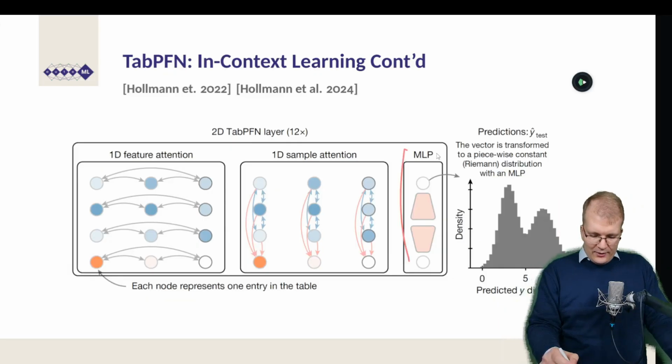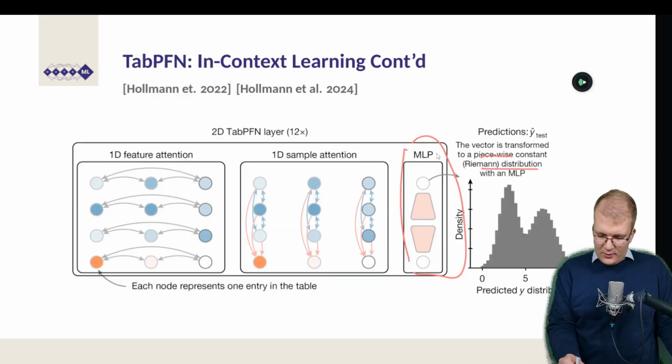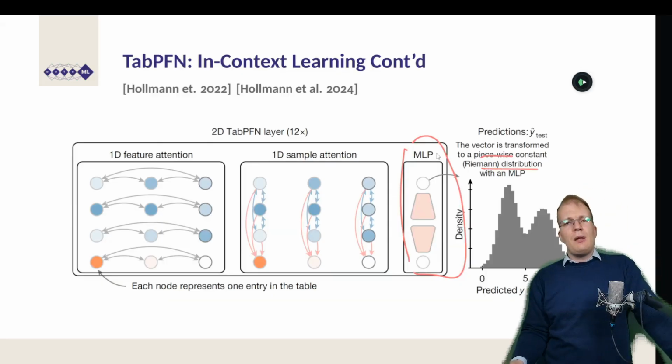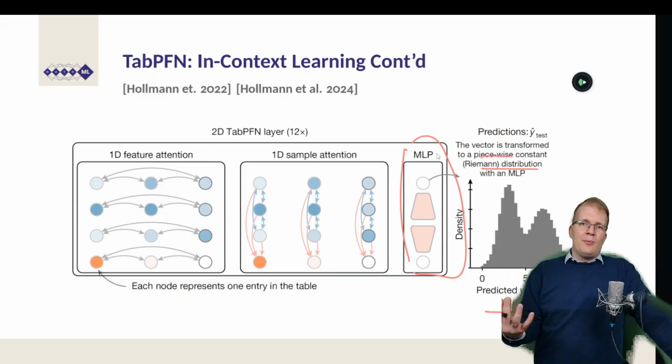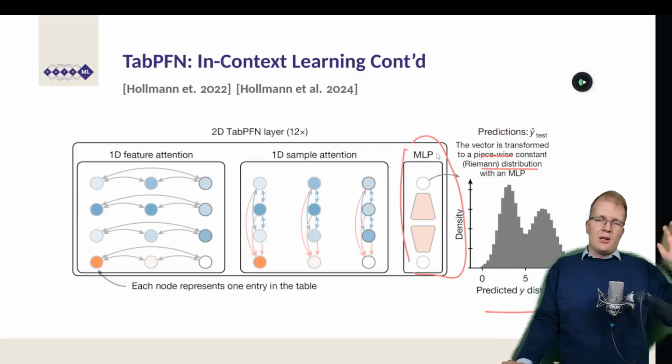Combining that with an MLP embedding and then with a piecewise constant Riemann distribution, we get the predicted Y distribution, from which we can sample and say what is most likely our output for a given data point.